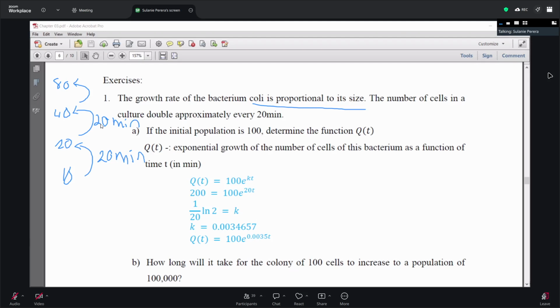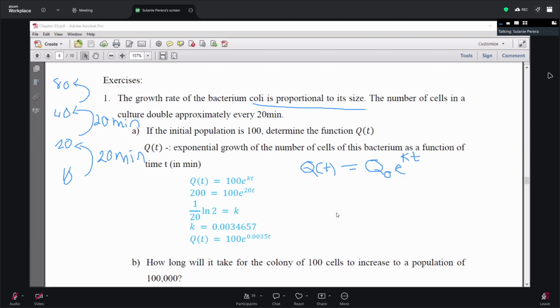If the initial population is 100, determine a function for Q(t). So Q(t) is the exponential growth of the number of cells of bacteria. How do we write the formula? The formula for exponential growth is Q(t) equals Q naught e to the kt.